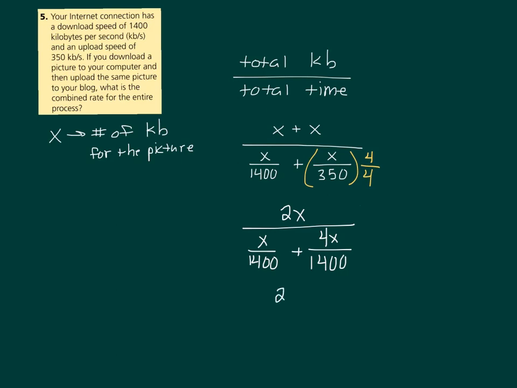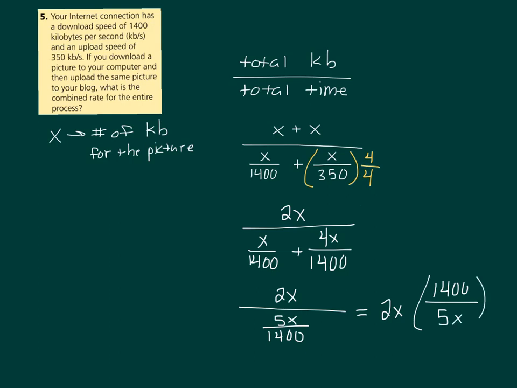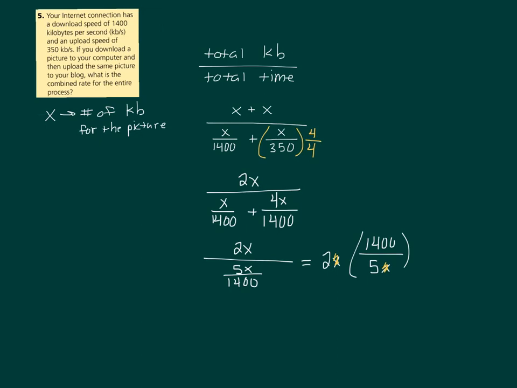That becomes 5x over 1400. You're dividing by a fraction, so it's 2x times the reciprocal, 1400 over 5x. The x's cancel out. So we're left with 2 times 1400 over 5, which is 560 kilobytes per second. That is the combined rate for the entire process.